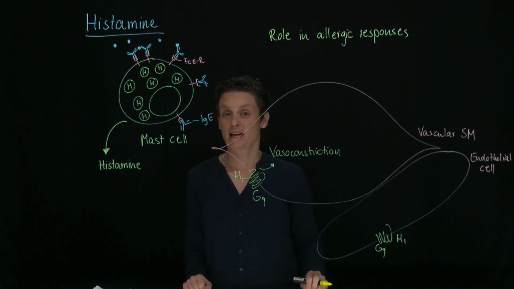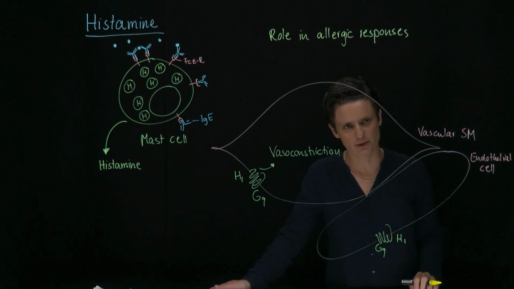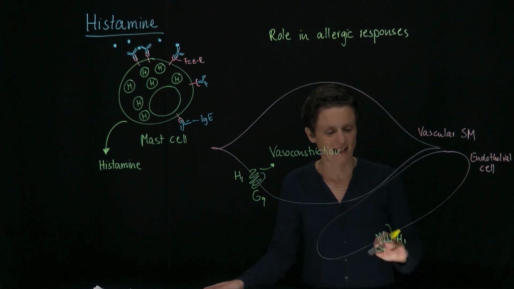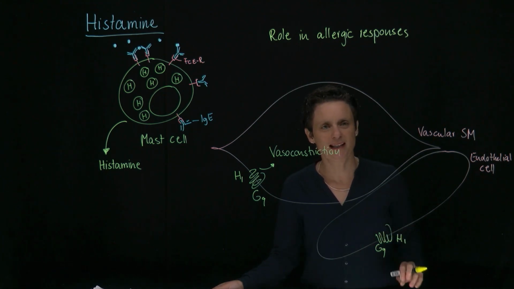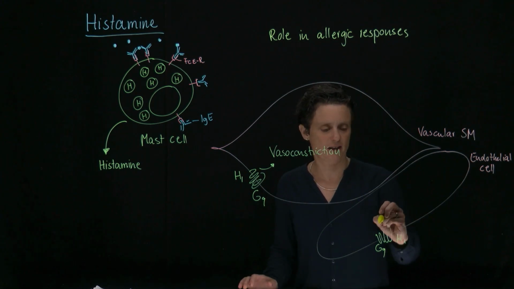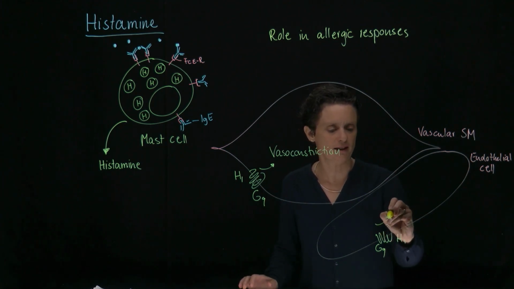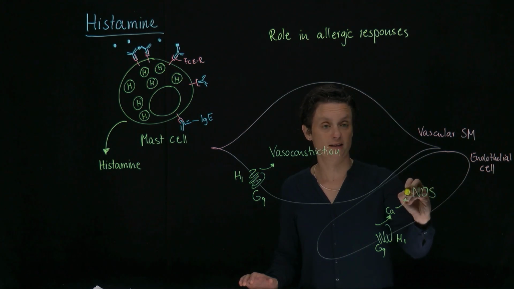Well, there's another effect that is opposing, and this is mediated by the H1 receptor on the endothelial cell. So there's also calcium influx, but endothelial cells are not equipped with myosin light chain, so different things are happening. Here, the endothelial cell, when we have increased levels of calcium, is going to make more endothelial NO synthase.